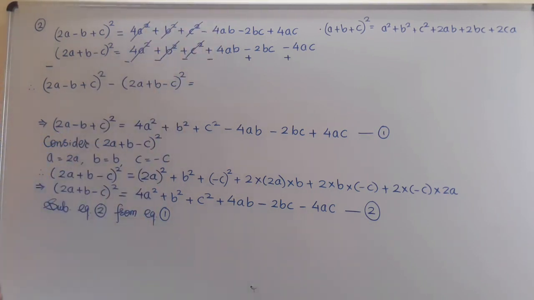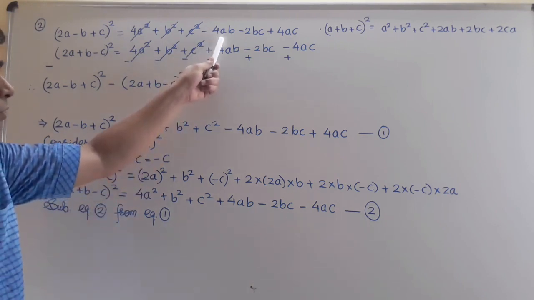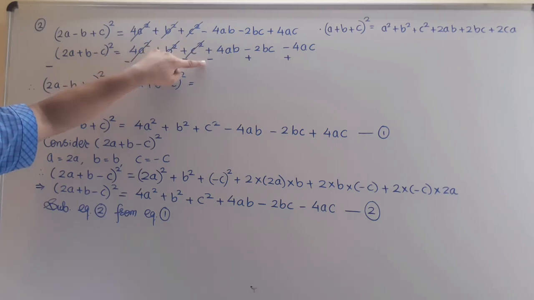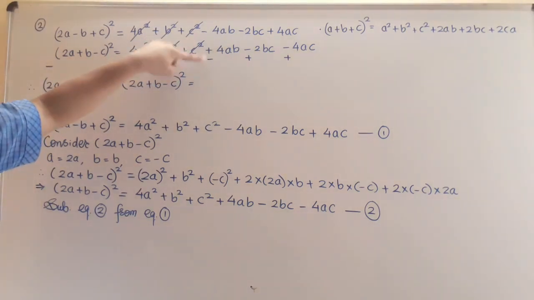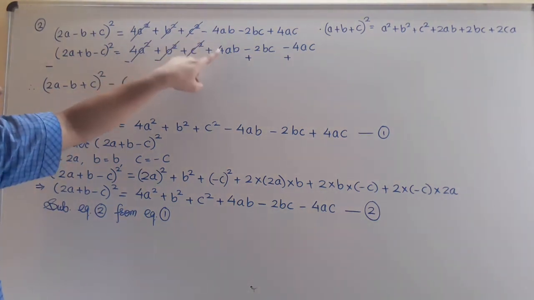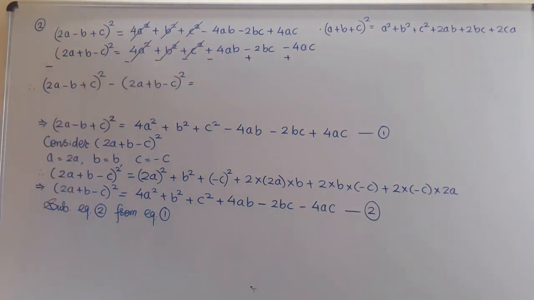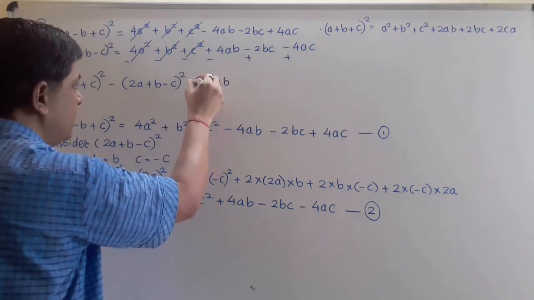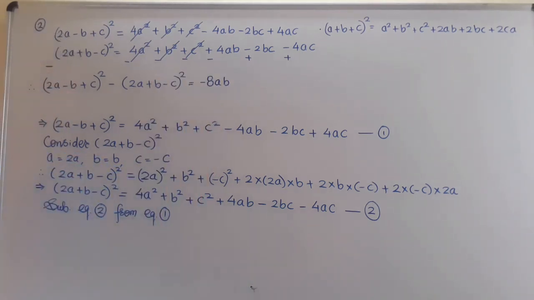But don't be in a hurry to cancel 4ab. 4ab is negative. Do not consider this middle sign. Now the new sign is minus. So both signs are the same, so we can say that 4ab and 4ab will be added. It will become 8ab and the sign of 8ab will be negative.